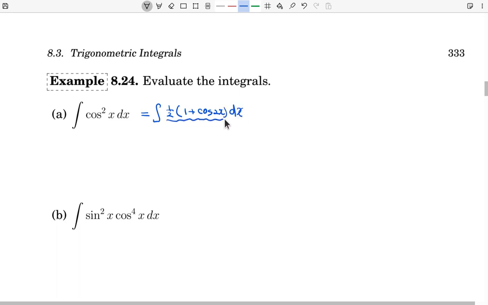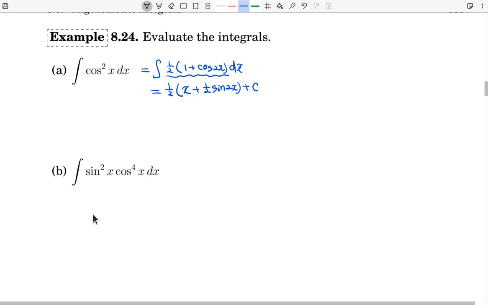From now on, they are a sum of elementary derivatives, so you can finish it quite easily. That is half will come out, that is x, and that is half of sine 2x, plus c, right?